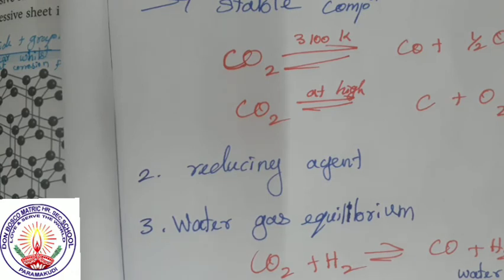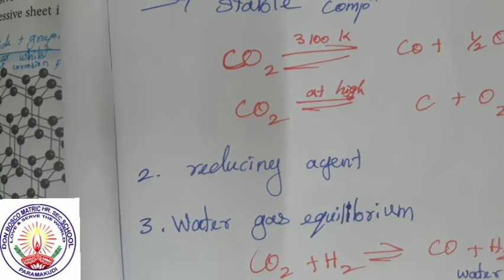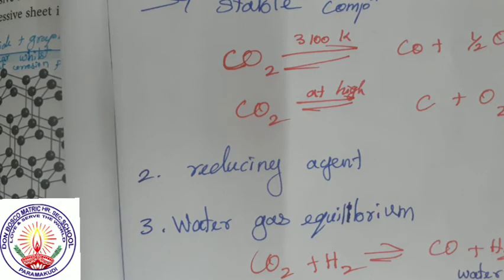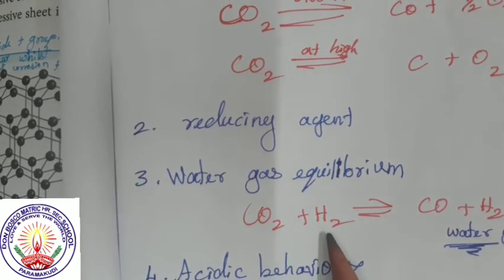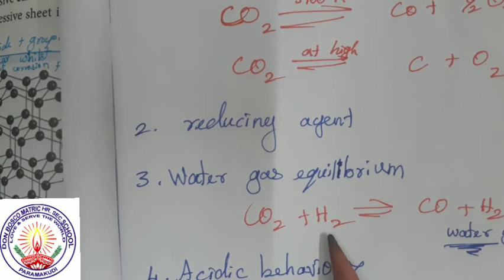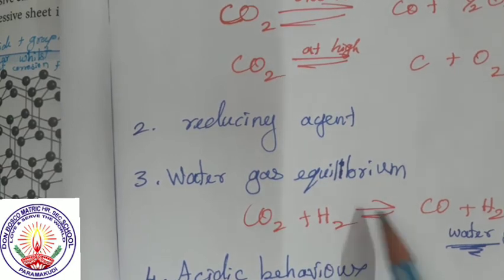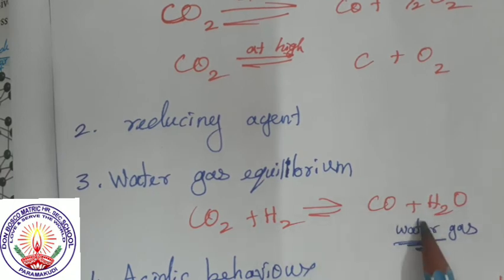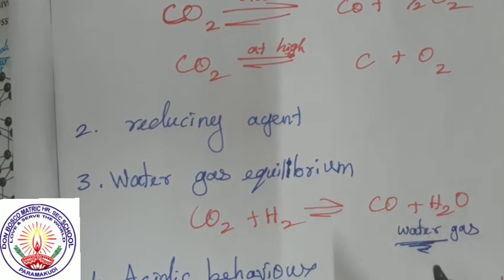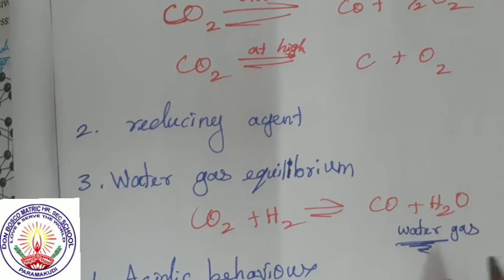So it has the capacity to equilibrate. It is acting as an equilibrating medium. That is here carbon dioxide plus hydrogen, in equilibrium, forming water gas. Now we have already seen producer gas.